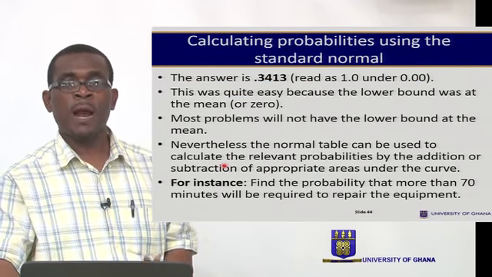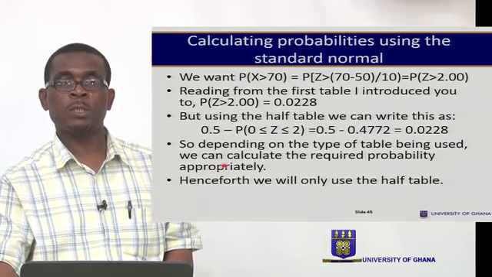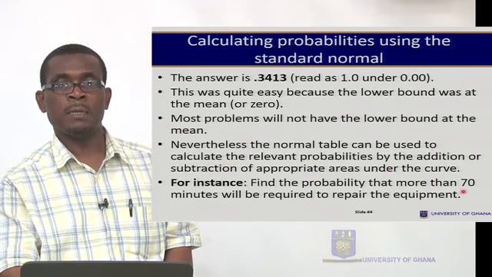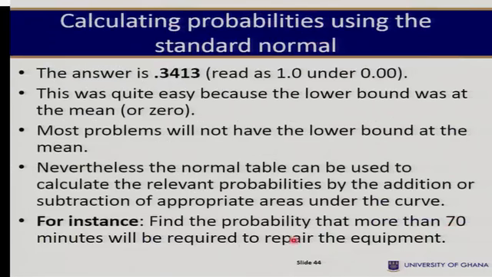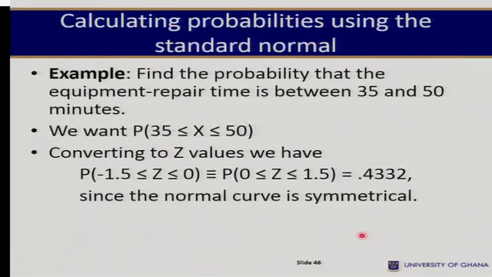Okay? Now, there are other examples that I've solved. For example, we want to find the probability that more than 70 minutes will be required to repair the equipment, and I have solved it following the procedures. We also have another which says that we want to find the probability that the equipment repair time is between 35 and 50 minutes.